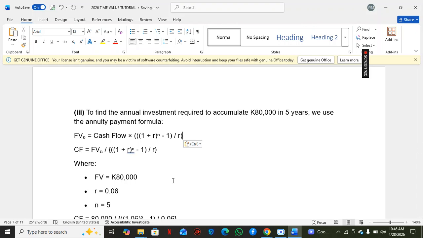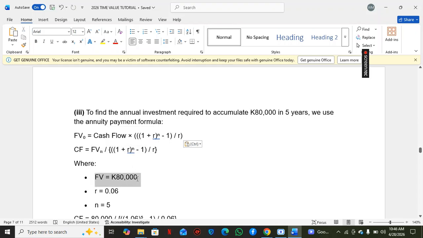So you're just making the cash flow the subject of the formula. When you make the cash flow the subject of the formula, it's just the future value over the annuity factor.